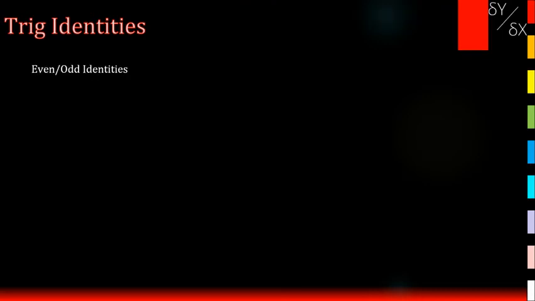Another one that we use really frequently is even and odd identities. When we're talking about even and odd identities, we need to think about what even and odd mean. Even means that it's something that is symmetric across the y-axis. There are only 2 functions that are even, and the 2 functions we have that are even are going to be cosine x.